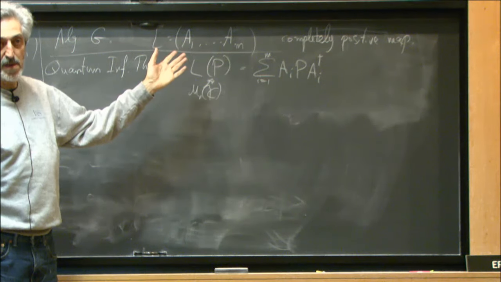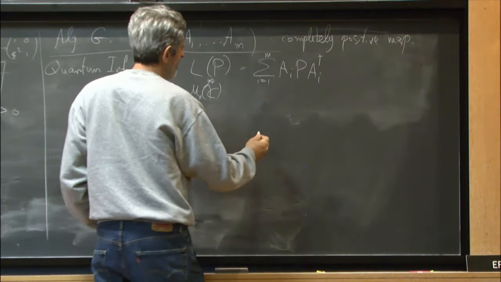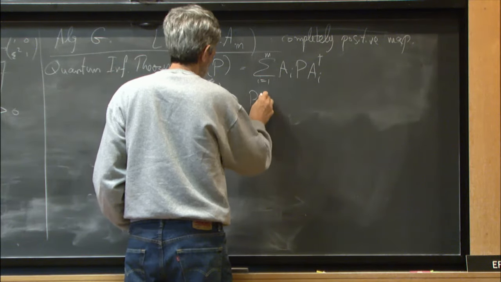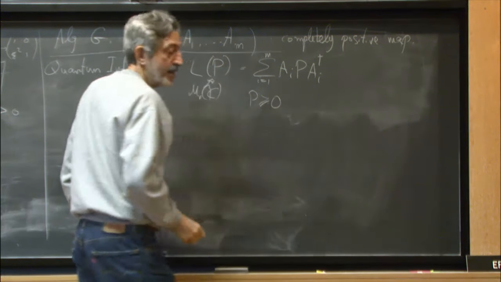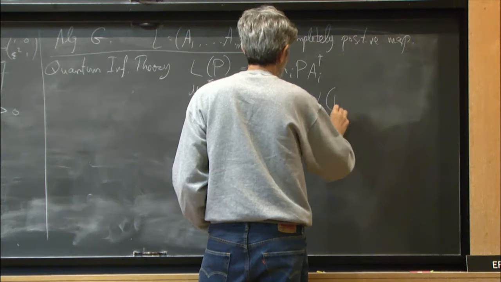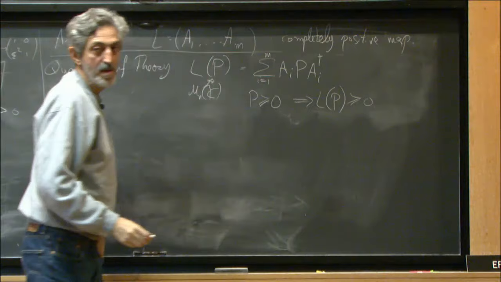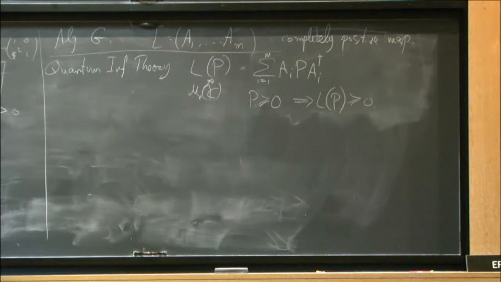What's the positivity here? Positivity is pretty obvious. Notice that if P is PSD, then L of P is also. And they care about it because they are going to apply it in quantum information theory.